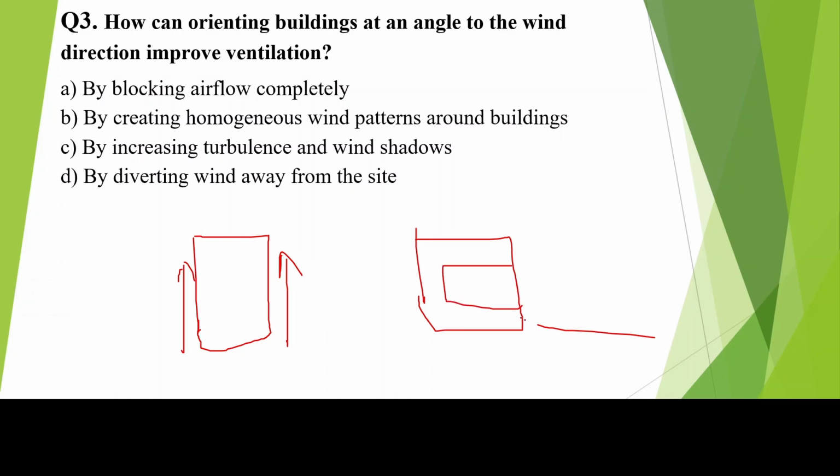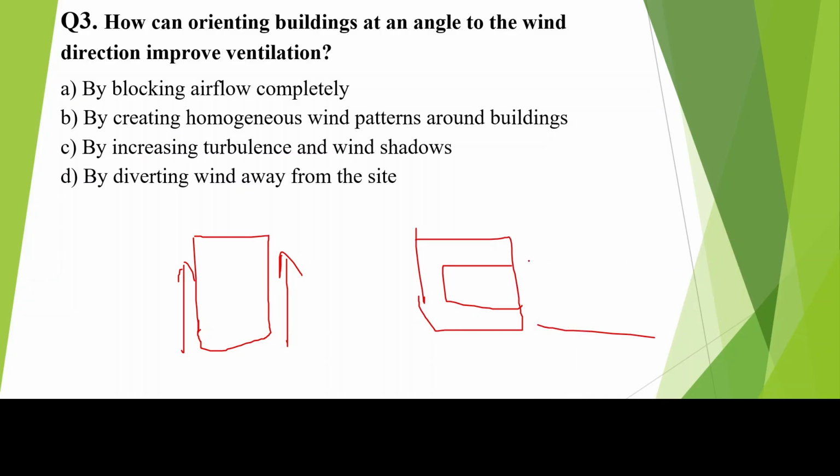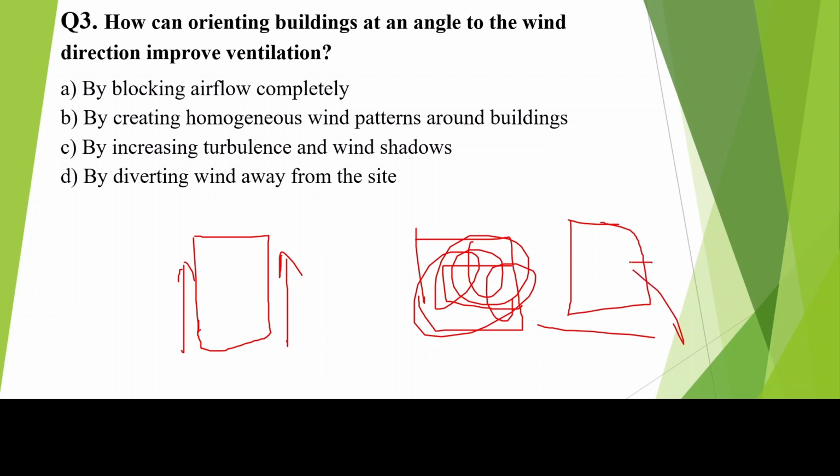Let's see, building form is also changed. Okay, so let me discard this one. So it is coming at some angle, and yes, parallel, this kind of. And what is the advantage or disadvantage of these two types of building form design?